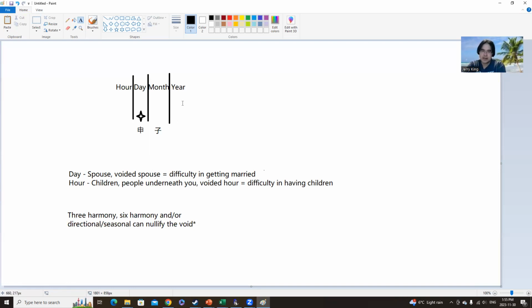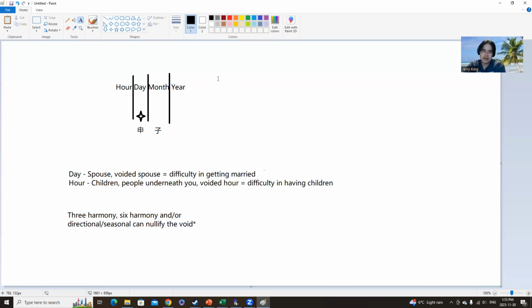And then the year represents the older generation, someone further away that maybe you don't have any affinity with, like the grandparents. So it really depends on where the void is. With the month, sometimes people say the void means your manager or superior does not have a good relationship with you, which is also possible.